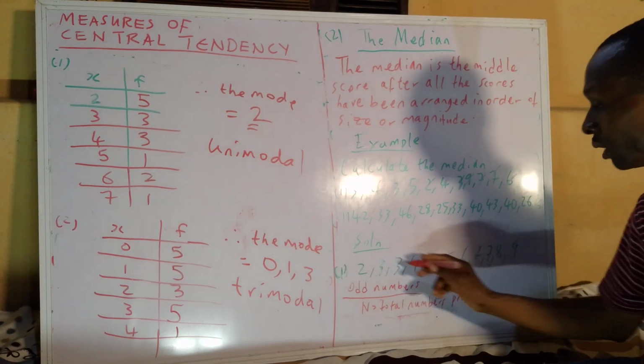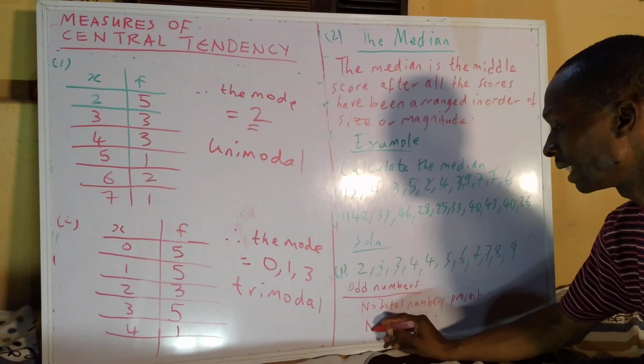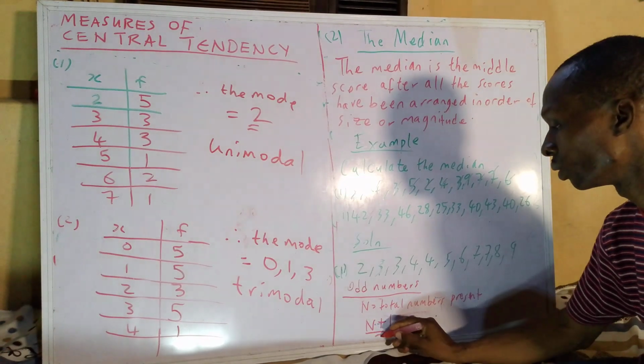So now the total numbers present is how many? It is 11. So for odd numbers, you say n plus 1 all over 2.